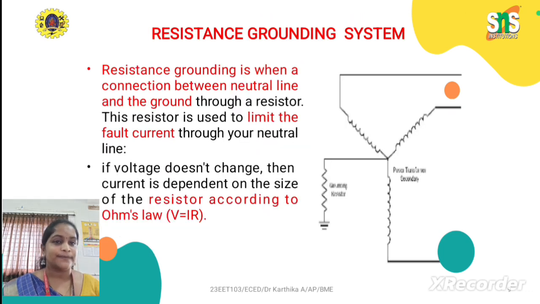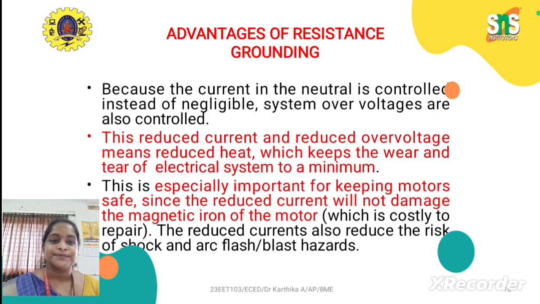Resistance grounded system: resistance grounding is when a connection is made between the neutral line and the ground through a resistor. This resistor is used to limit the fault current through your neutral line. If voltage doesn't change, then the current depends on the size of the resistor according to Ohm's law, V equals IR.